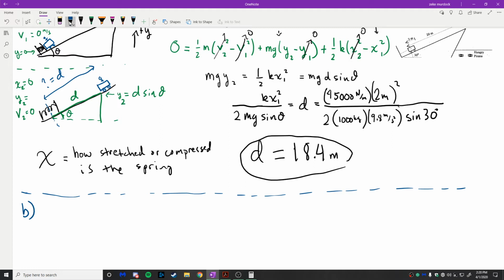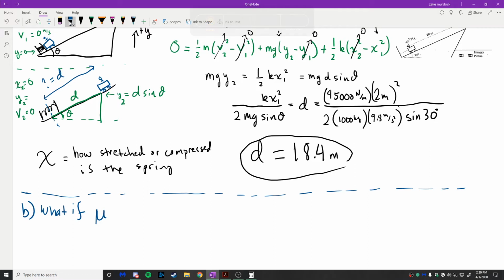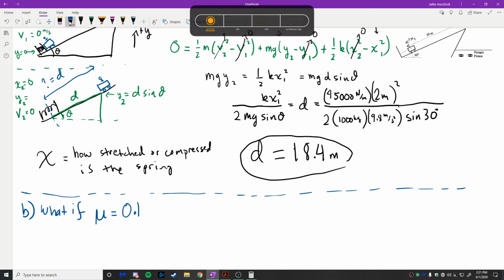So we're going to say, what if the coefficient of, it's rolling, but let's just assume that it's like kinetic friction, okay? Or we could call it rolling friction if you want to, but let's assume that the coefficient of friction in this system is equal to, let's say 0.1, okay? Just 0.1.